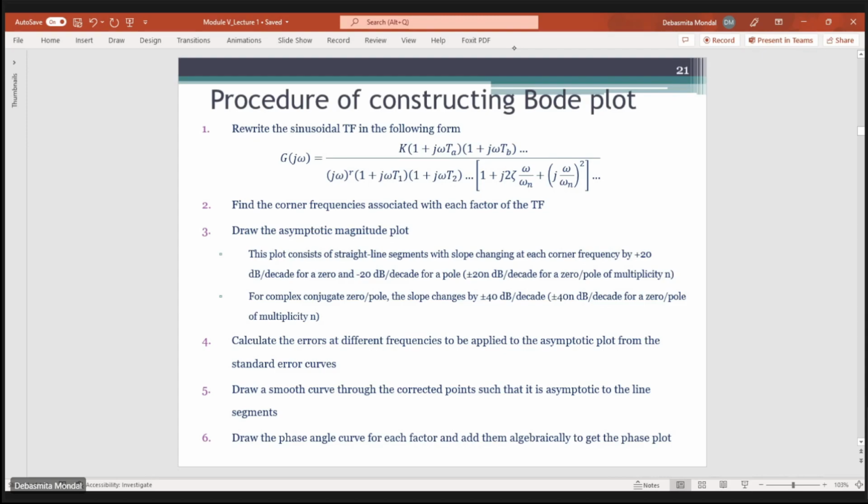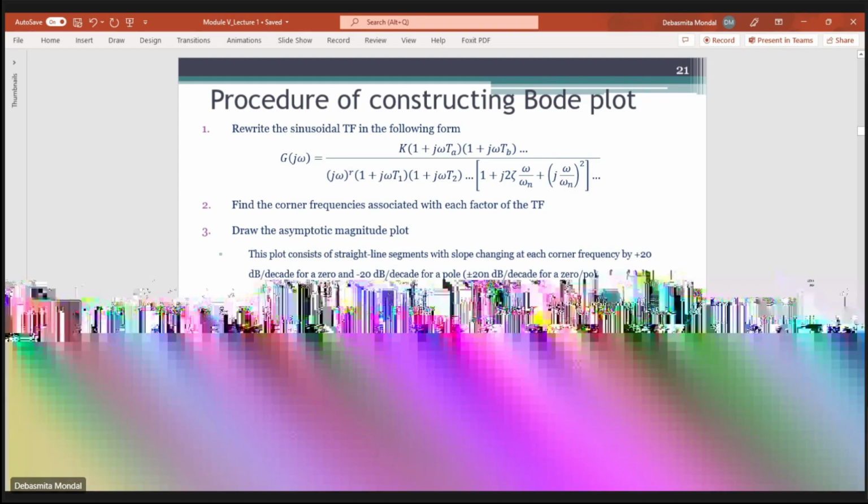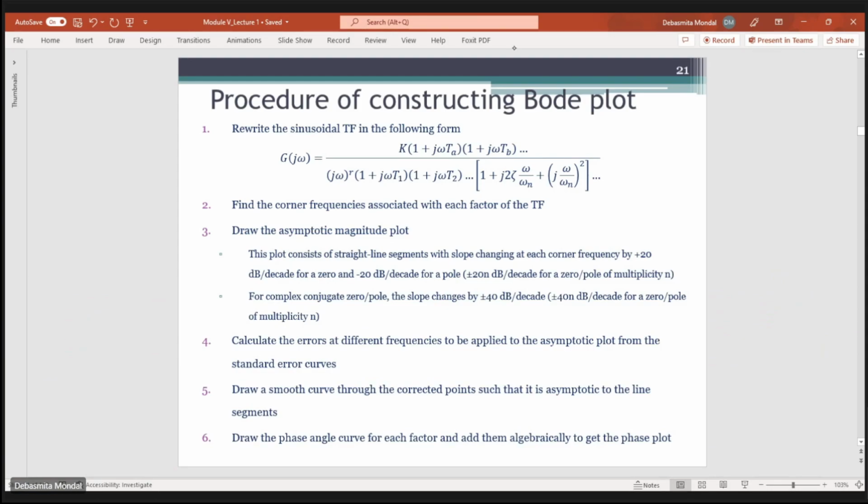This plot consists of straight line segments with slopes that change at each corner frequency. As we have already said, the corner frequency is the frequency at which we encounter a pole or a zero, and the Bode plot undergoes a change in slope each time it hits a corner frequency.